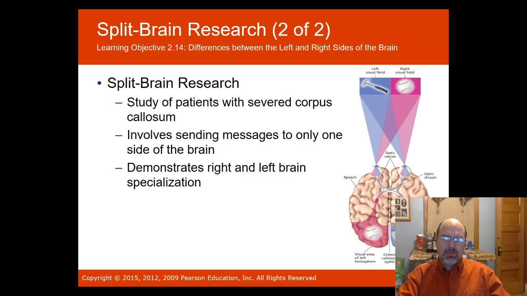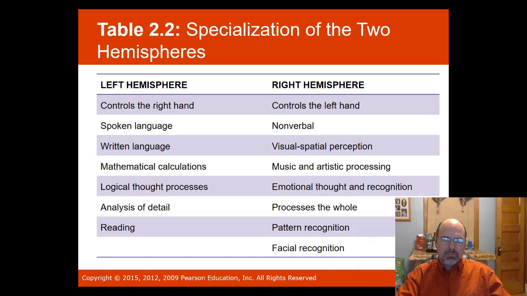With split brain research, people with a severed corpus callosum involve sending messages to only one side of the brain, which shows some left and right brain specialization. The left hemisphere controls the right hand, believe it or not.